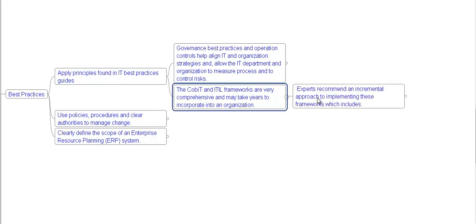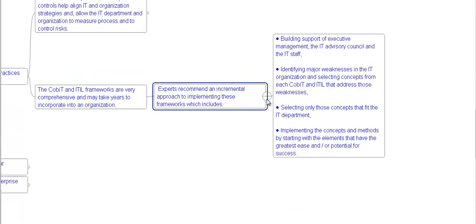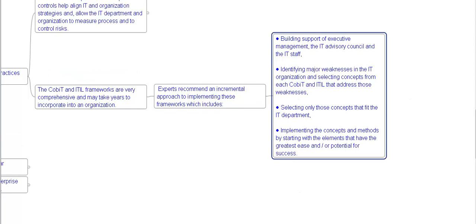Experts recommend an incremental approach to implement these frameworks, which includes: build support of executive management, the IT advisory council, and IT staff; identify major weaknesses in the IT organization; select concepts from each of COBIT and ITIL that address those weaknesses, selecting only those that fit the IT department; and implement the concepts and methods by starting with the elements that have the greatest ease and or potential for success.